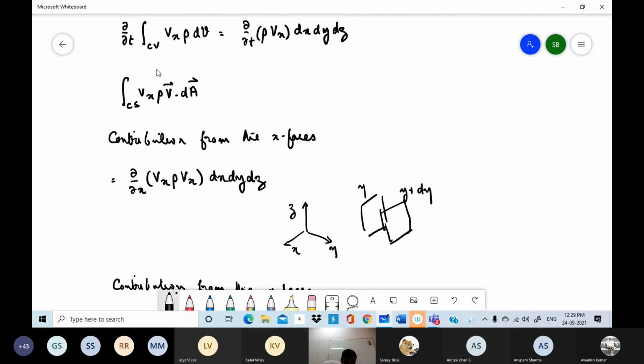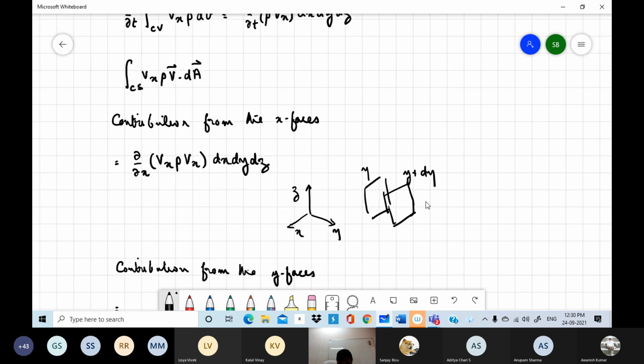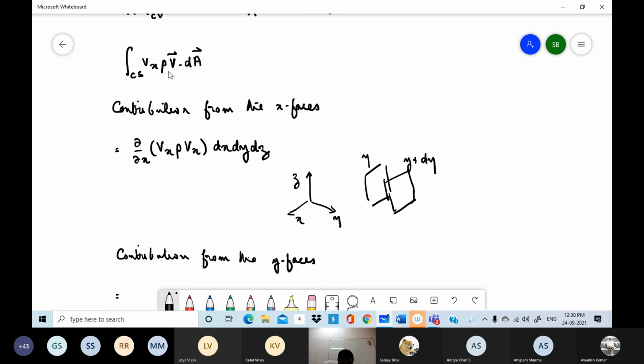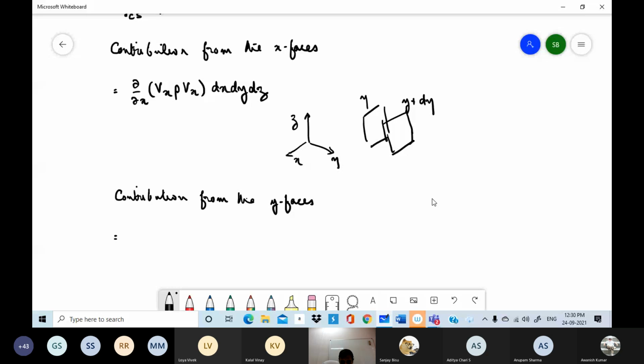So what you have to consider is a contribution to this integral from the y faces. So the Vx and rho will make contribution from the face at y plus dy and the face at y. Let's first consider the face at y plus dy. It has a unit normal in the positive y direction. So first is the Vx rho, which has to be evaluated at y plus dy.